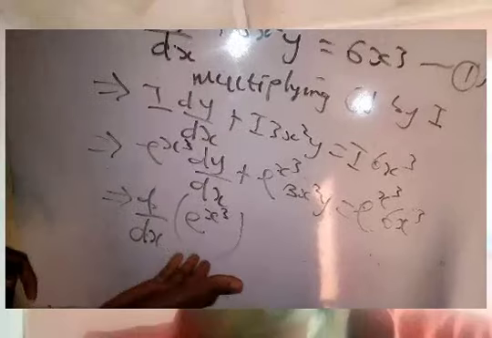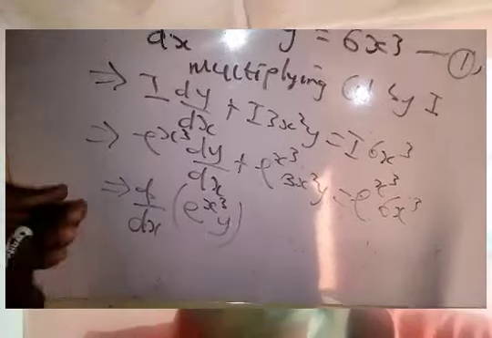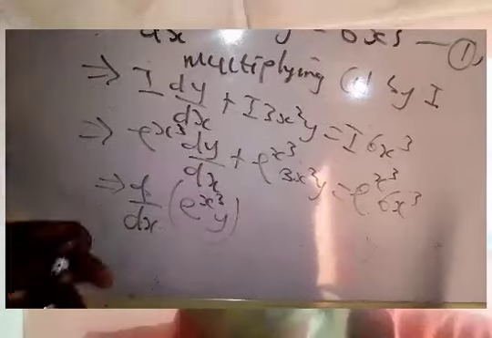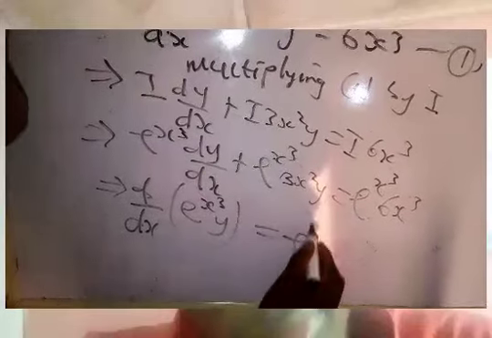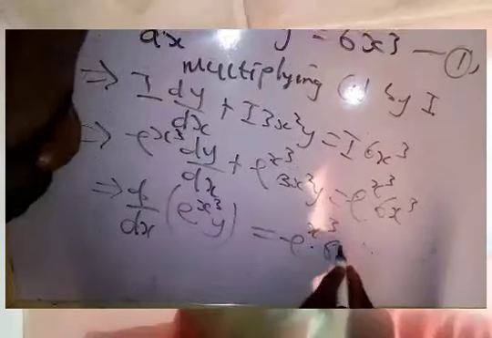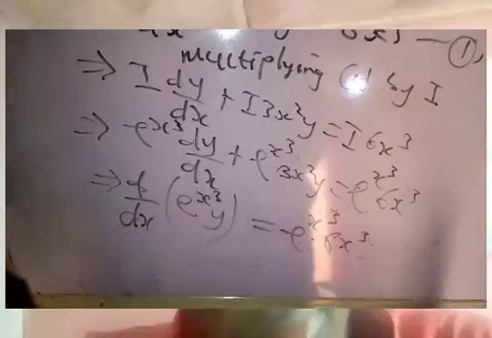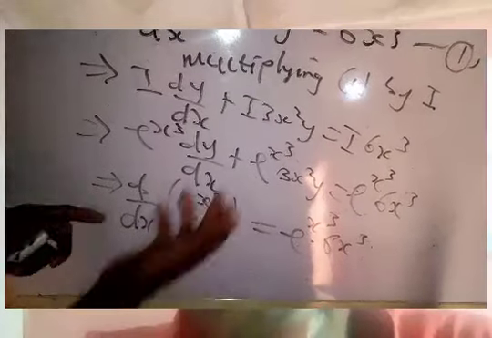Because if you differentiate this, e to the x cubed times y, you get back this. So the left hand side is equal to this, and the right hand side is e to the x cubed times 6x cubed. Remember, it is y that we want to find the solution for. The next thing to do is to integrate both sides.